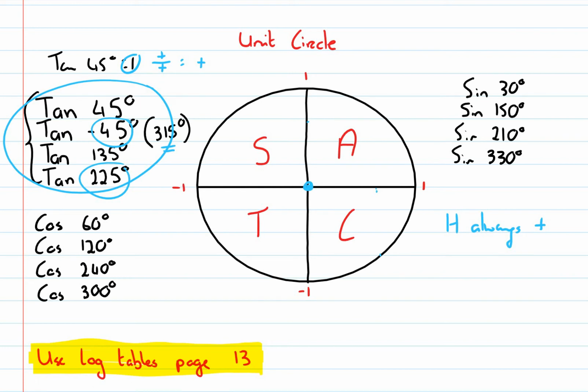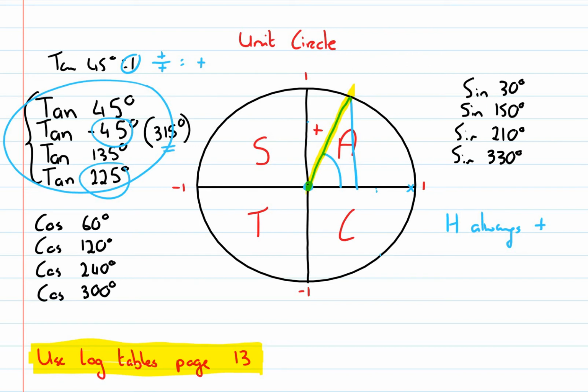Well, we start here, we'll be measuring from here, 60 degrees will get us to here. Okay, so notice the hypotenuse, which is here, well, that's always positive. Positive.